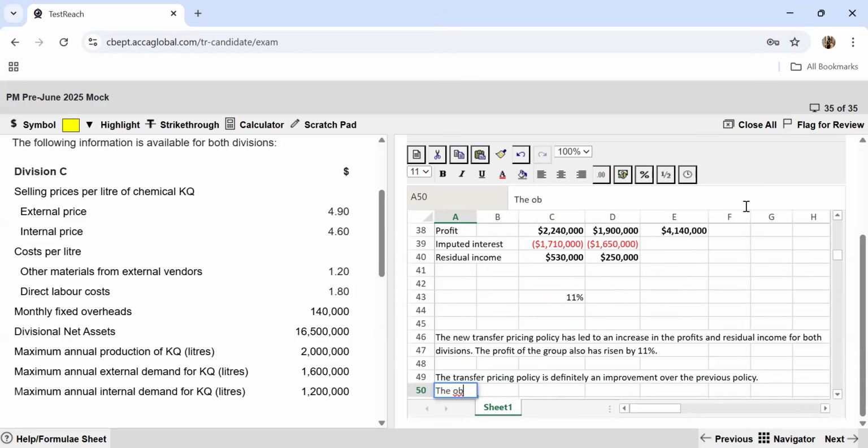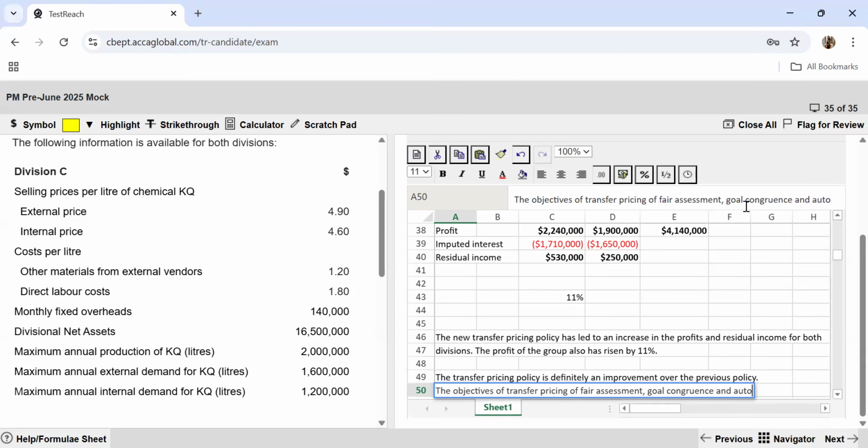The objectives of transfer pricing of fair evaluation, fair assessment, goal congruence. And what was the other one that we had written? It was autonomous decision making.